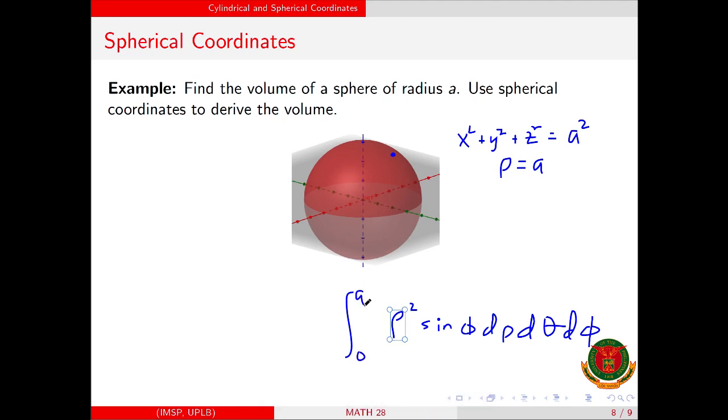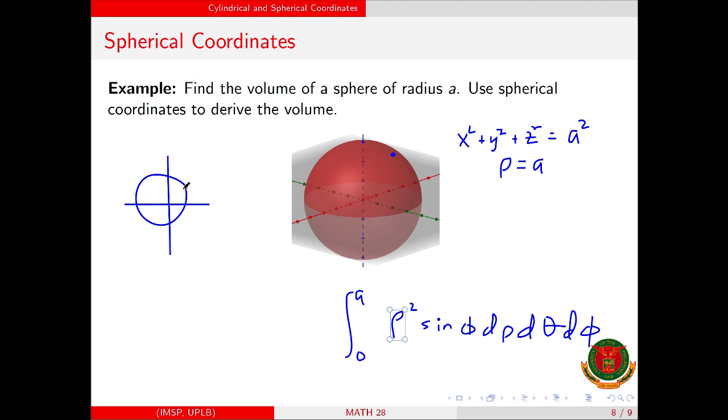Now let's look at the bounds for theta. The bounds for theta can be seen on the xy plane. Again, looking at this sphere, the graph of this projected on the xy plane is actually a circle of radius a units.